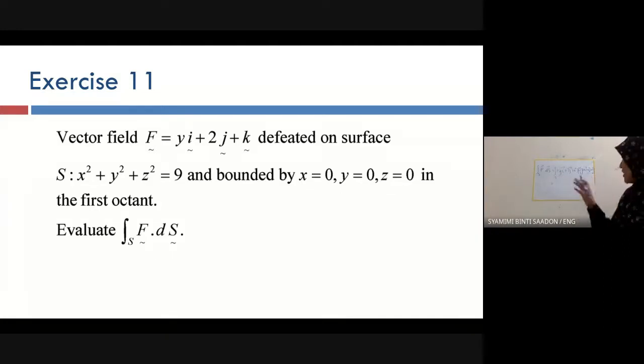So we multiply this. You have 1 over 3 times x squared y, the component for i, plus 2y squared, the component for j, plus z squared, the component for k, dS.